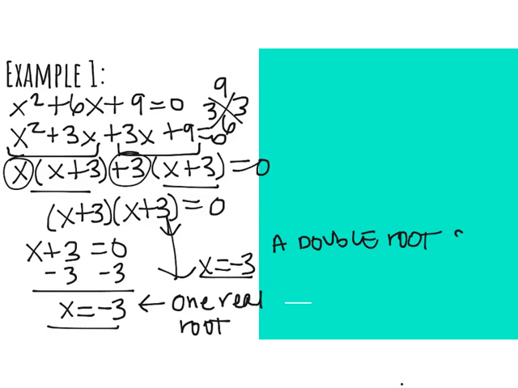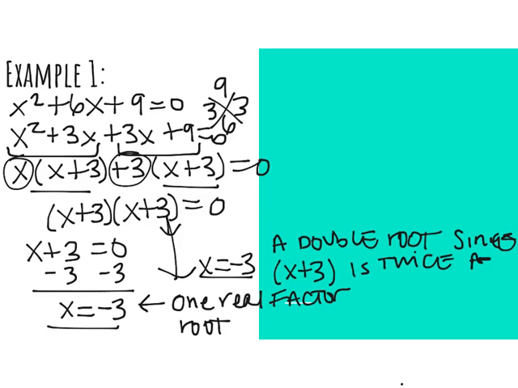So this is a double root since negative 3, or let's actually write the actual factor. So since x plus 3 is twice, this is kind of going to be some kind of weird language, is twice a factor of our actual polynomial, the x squared plus 6x plus 9.